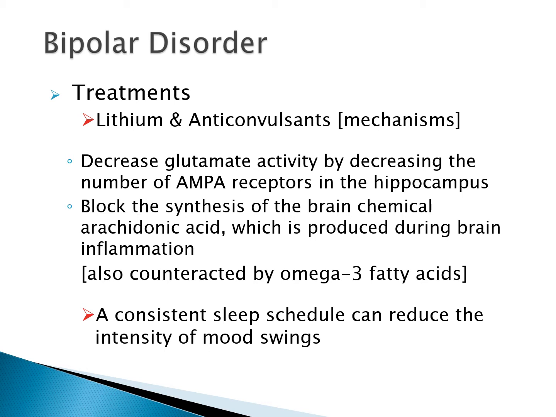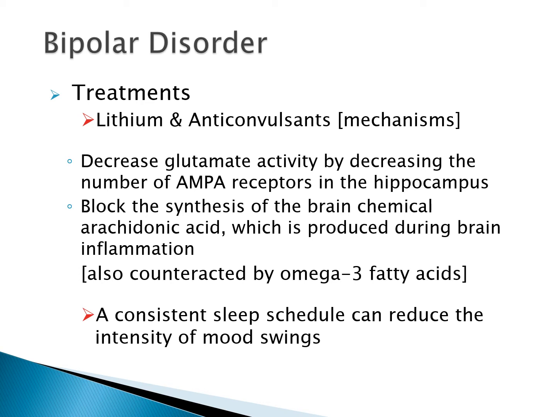If we look at the drugs, at the medications, and the mechanisms by which they are working, for lithium and for some of the anticonvulsants, we see that they are decreasing glutamate activity by decreasing the number of AMPA receptors in the hippocampus. Lithium blocks the synthesis of the brain chemical arachidonic acid, so this is a chemical that is produced during brain inflammation.